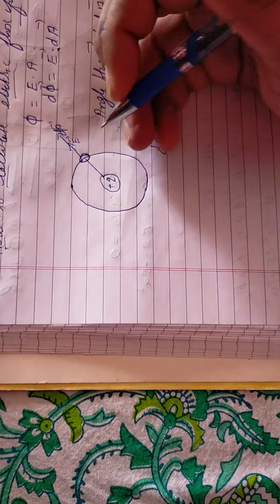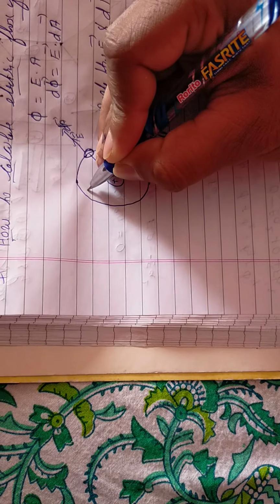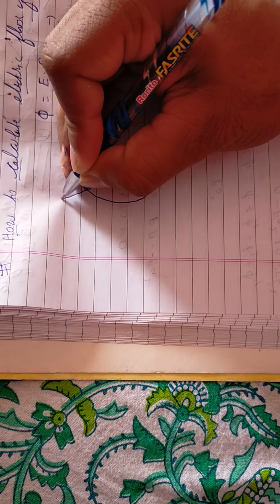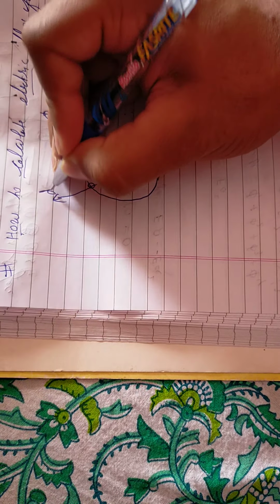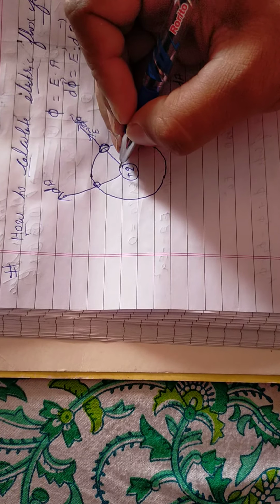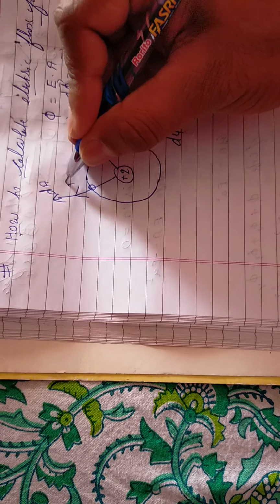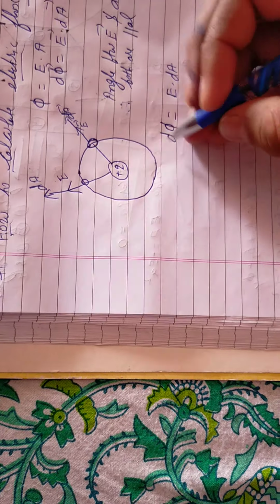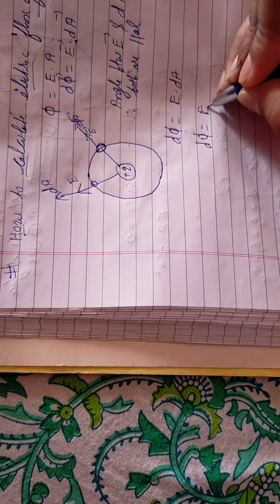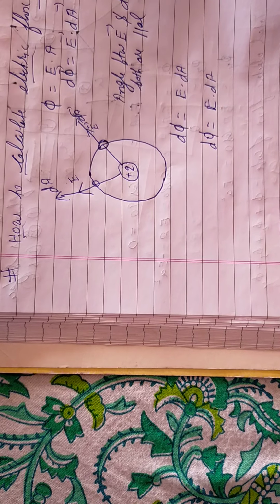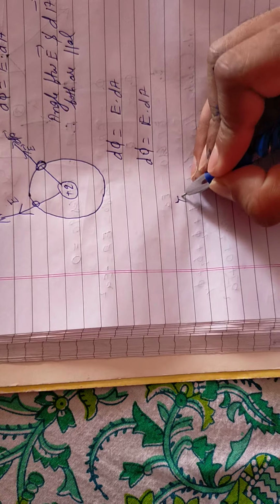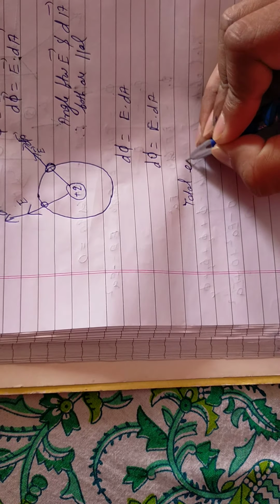Similarly, if I take another small area vector here, the direction of the area vector dA is outward, and the electric field is always moving away from the positive charge, so its direction is also outward. Then the electric flux for this surface will also be d phi equal to E dA, because here also the angle is 0. So the total electric flux.